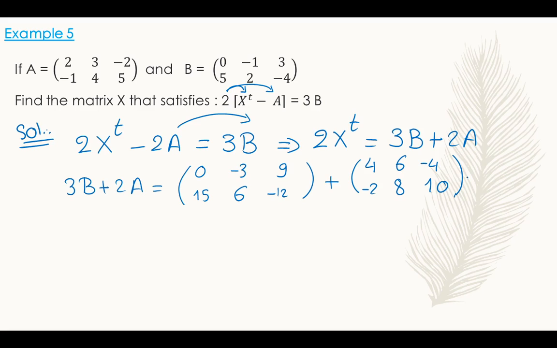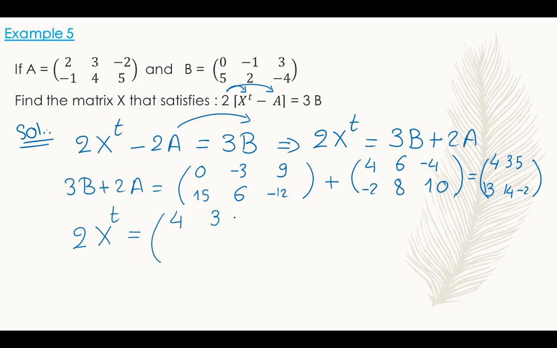Add the two matrices together: 0 plus 4 equals 4, negative 3 plus 6 equals 3, 9 minus 4 equals 5, 15 minus 2 is 13, 6 plus 8 is 14, negative 12 plus 10 equals negative 2.